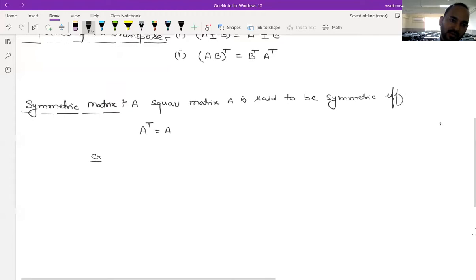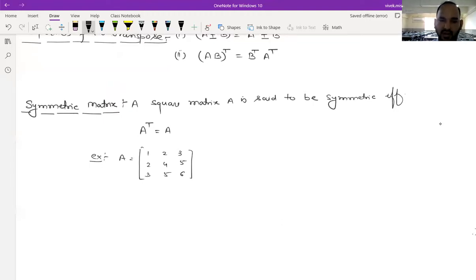Okay, example, if I take A is 1, 2, 3, now this is a symmetric matrix. Because if I take A transpose, then I'm making its first row its first column, second row its second column, third row third column.